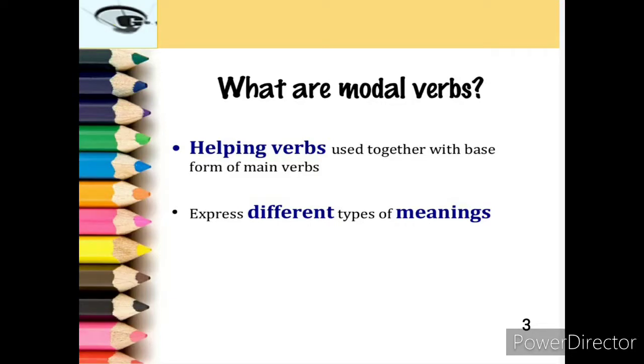Modal verbs are helping verbs which are used together with the base form of main verbs. They express different types of meanings. So let's have a look at the examples of various kinds of modals.